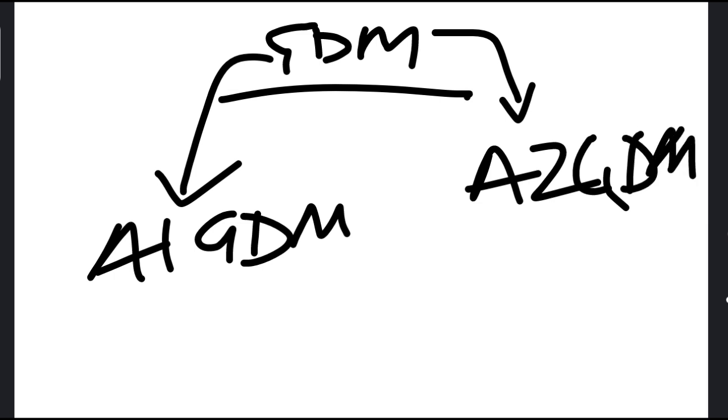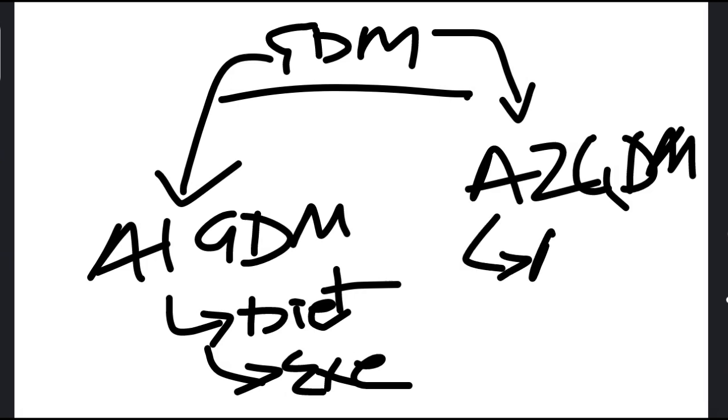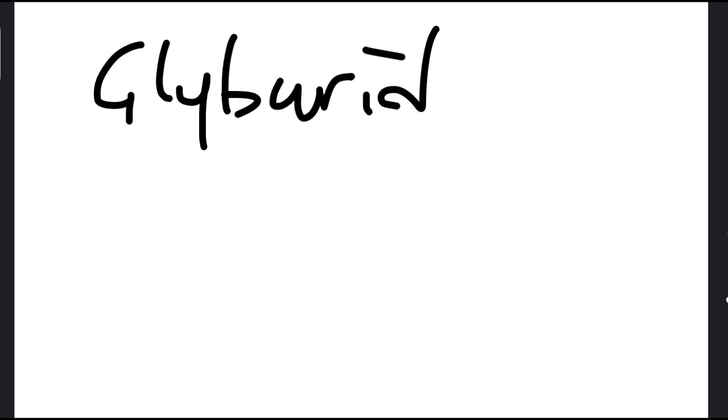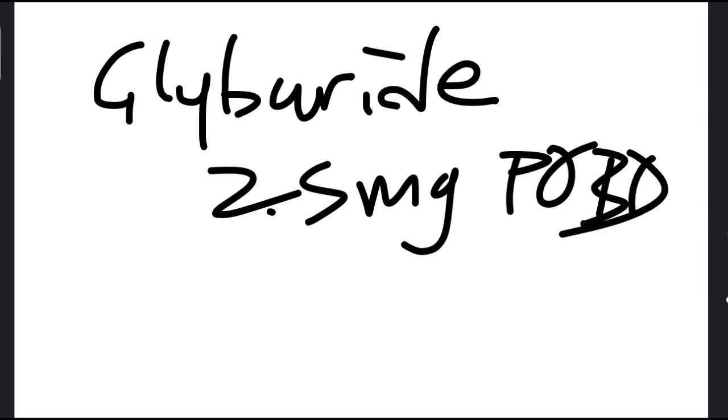A woman with A1 gestational diabetes will have the treatment through diet and through exercise, whilst those with A2 are the ones who need your meds, such as glyburide, 2.5 milligrams BD per oral.